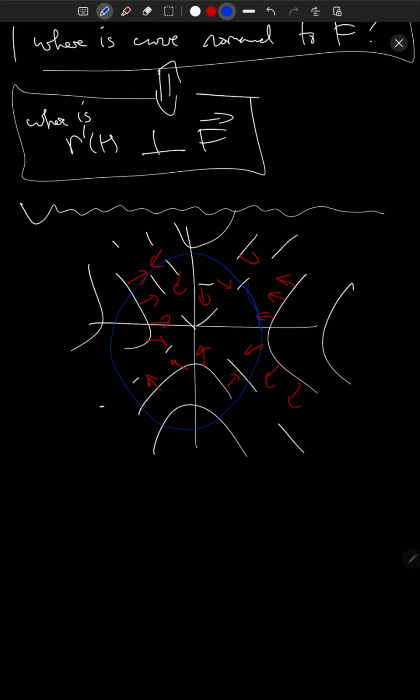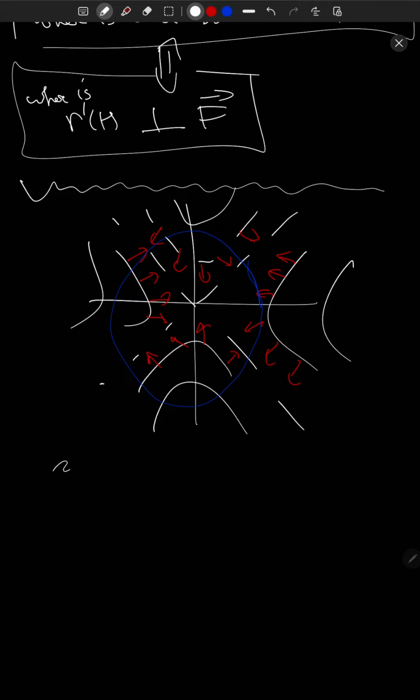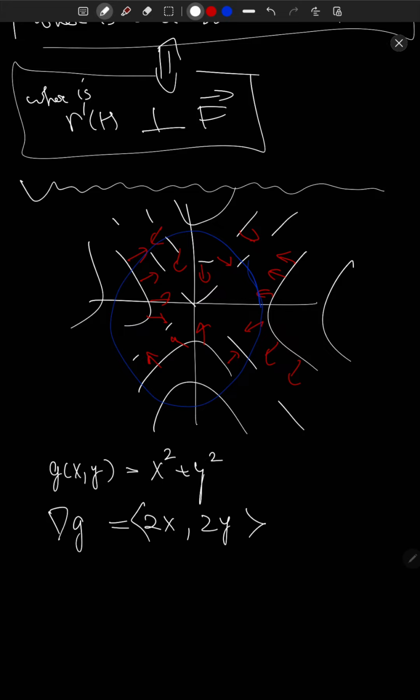An alternative approach to parameterization in this particular setting is that if we can write this circle as a level curve of a 2-variable function, then automatically the gradient of that function is perpendicular to the circle. So if I look at g of x comma y equals x squared plus y squared, then the gradient of g is 2x comma 2y as a vector.